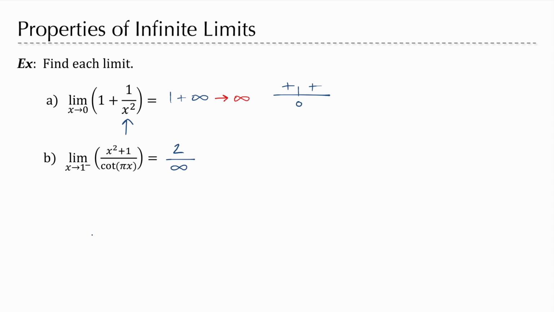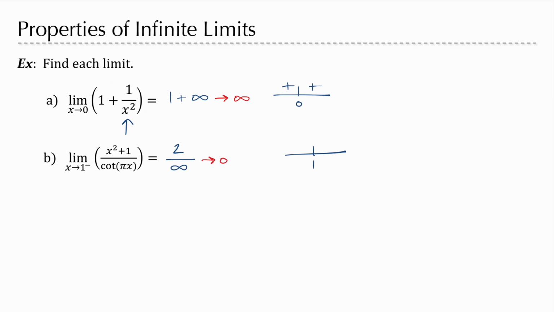Normally, tangent at pi would be 0, but again, flipping it over, you get that vertical asymptote situation. So same thing. And if you want to double check that, you can definitely make a little sign chart there and check on either side. But regardless, you're definitely getting that infinity idea, okay? So because we're taking 2 and dividing it by infinity, this is going to go to 0.